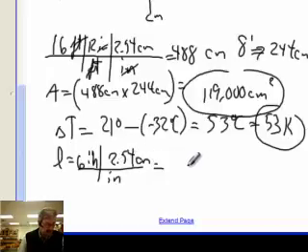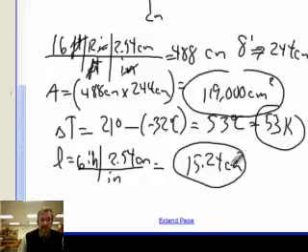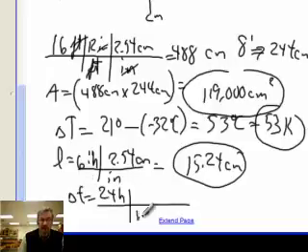So that means our path length is 15.24 centimeters, so that's L. And then the only other thing we have to convert is delta time. Delta time is 24 hours, and we know that an hour is 3,600 seconds. So we can convert there, and we come out with 86,400.